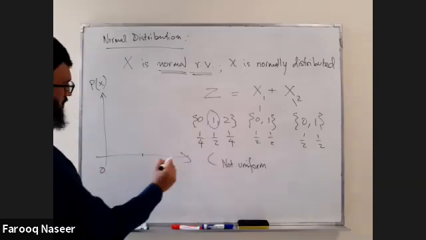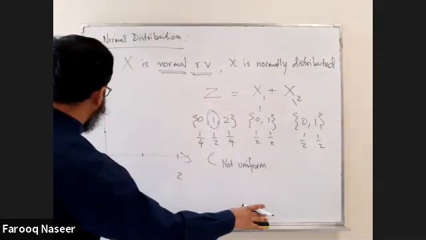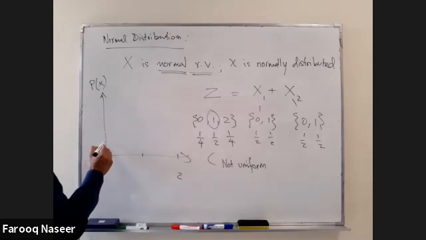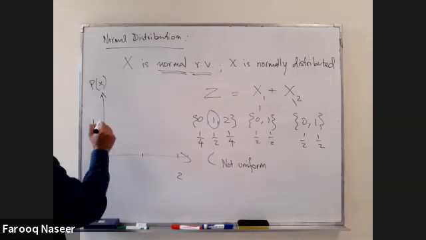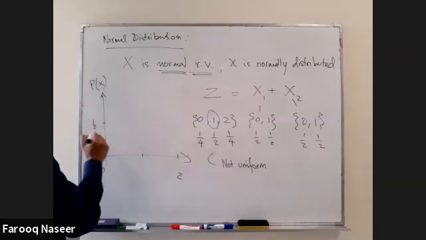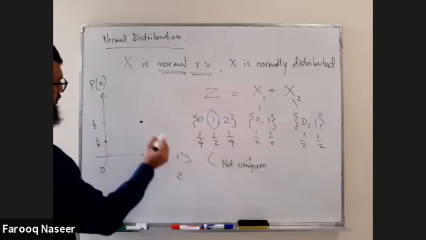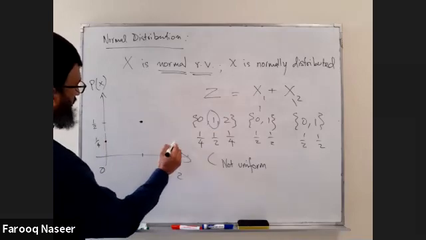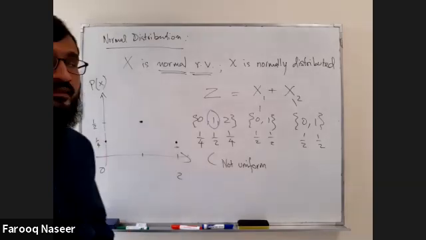My individual variables जिनको मैं sum कर रहा था, they took 1/2. So मेरे individual variables 1/2 थे, but Z is 1/4, 1/2, 1/4. Right, so the distribution looks like this.